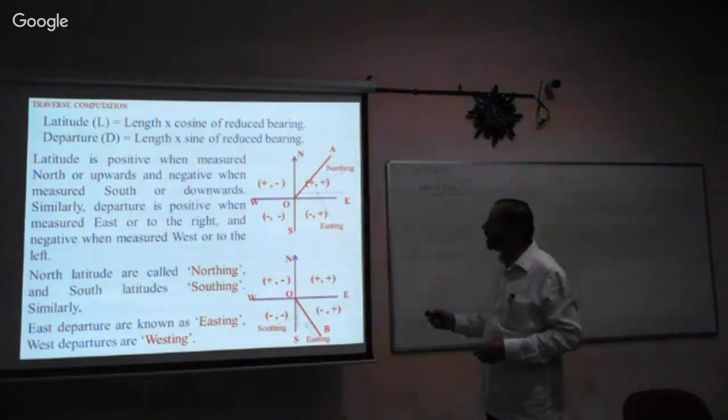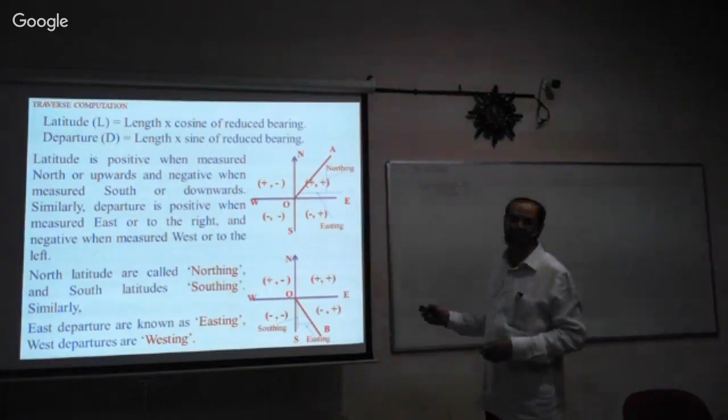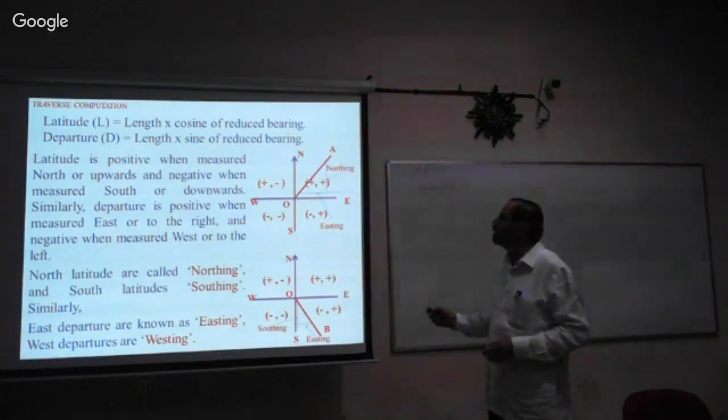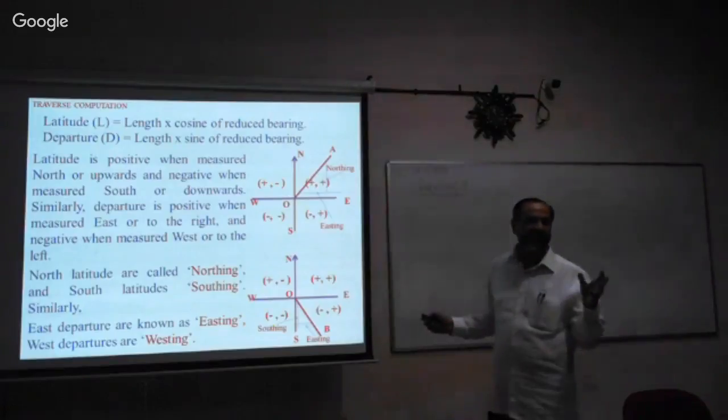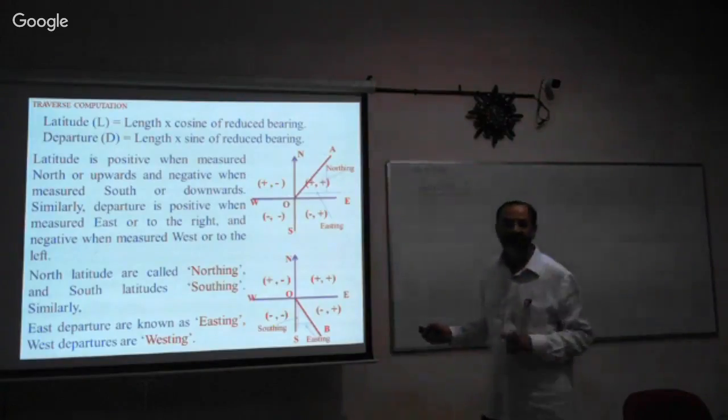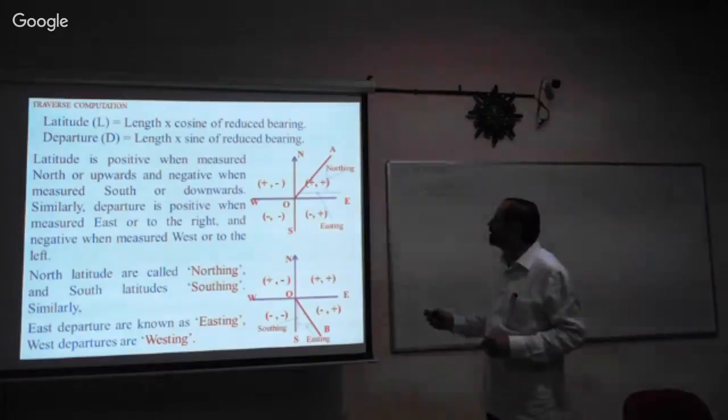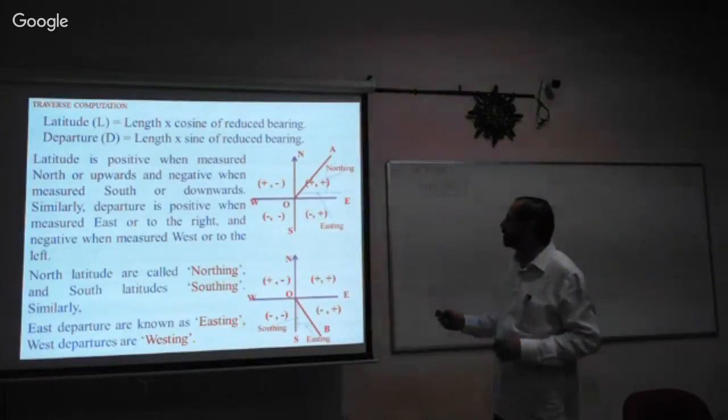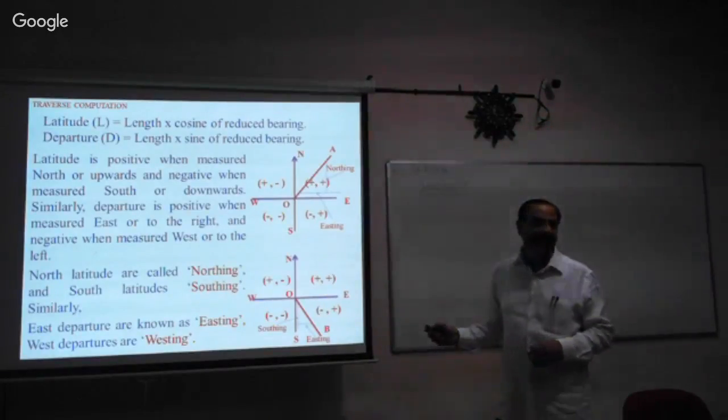Suppose if you change the angle from this corner to this corner, then it becomes L sin theta. L is the length of the survey line, and accordingly, depending on where you are considering theta, we need to calculate the north coordinate and also the east coordinate.